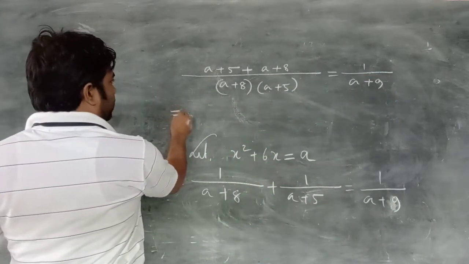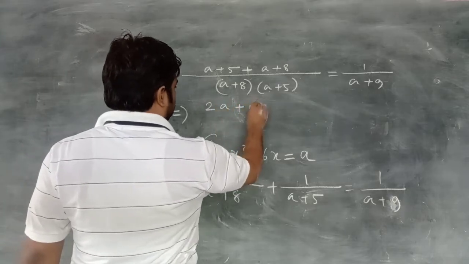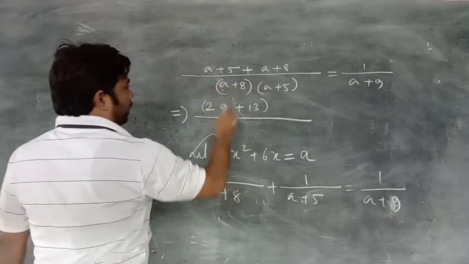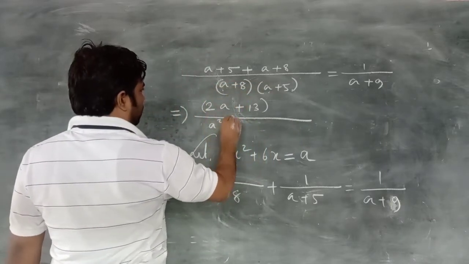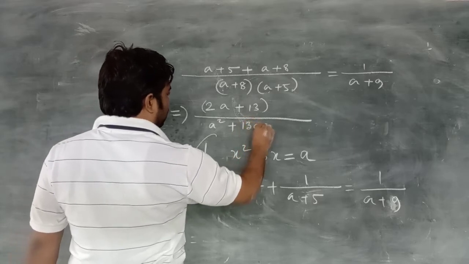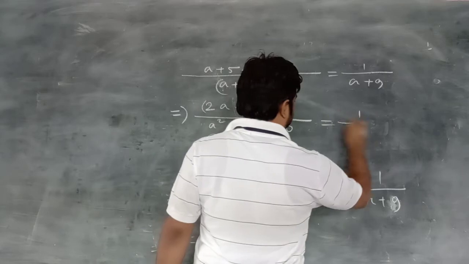So this is twice a plus 13 by, if you multiply this, a into a is a square plus 8a plus 5a, 13a plus 40 equal to 1 by a plus 9.